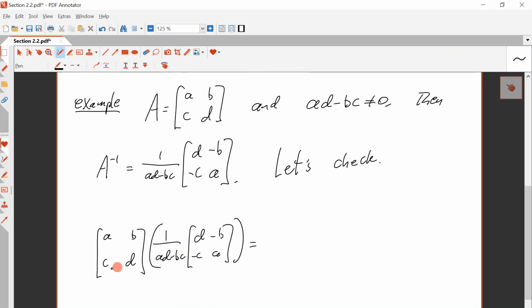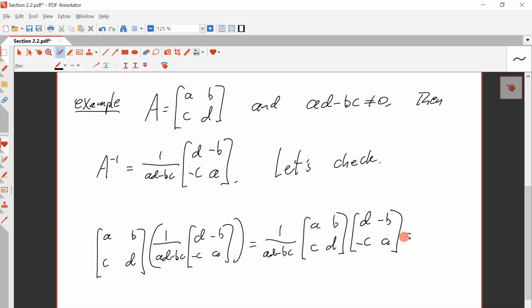You can always just take the scalar and move it out front. 1 over AD minus BC, A, B, C, D times D, minus B, minus C, A. Okay, so let's do the product. First row, first column, A times D minus B times C.